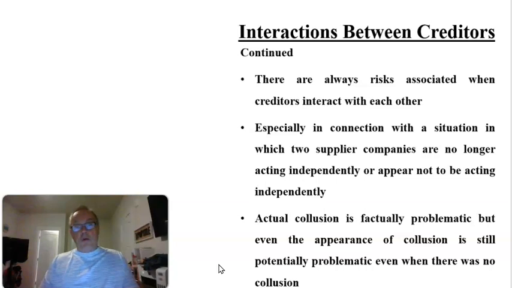Actual collusion, of course, is unlawful. It's factually problematic, but so is the appearance of collusion. That's potentially problematic even when there is no actual collusion. In other words, it's a problem if you're seen to be colluding, even if that's not your intent and even if that's not what is actually happening.